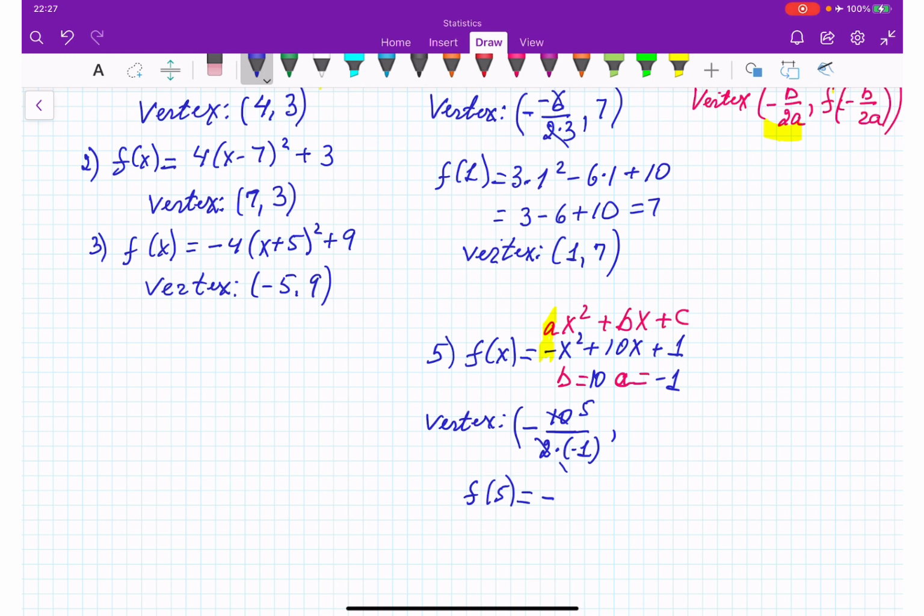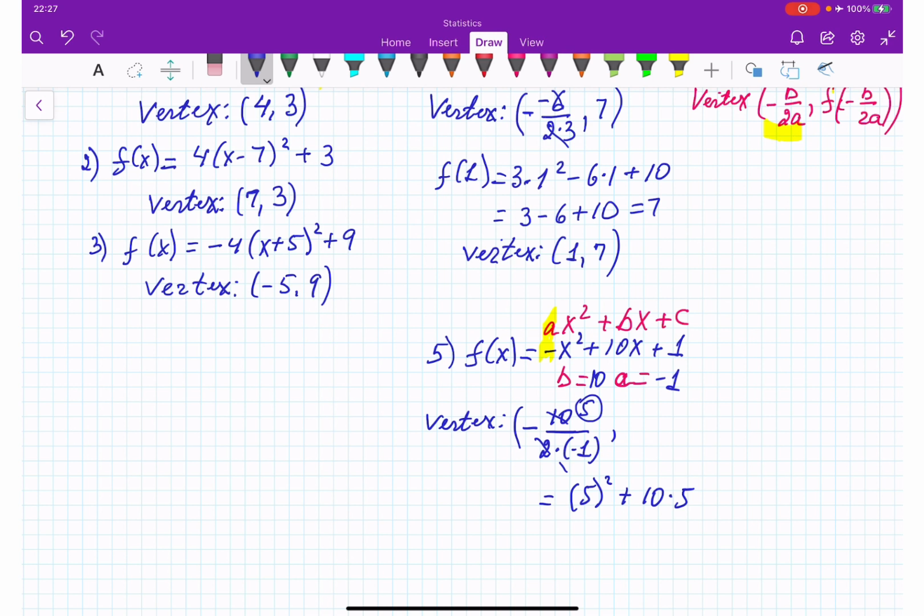Negative 5 squared plus 10 times 5. I'm just plugging in this 5. We calculated positive 5, and I am plugging it into this expression. Maybe I should squeeze in the quadratic expression here also so it would be clear.